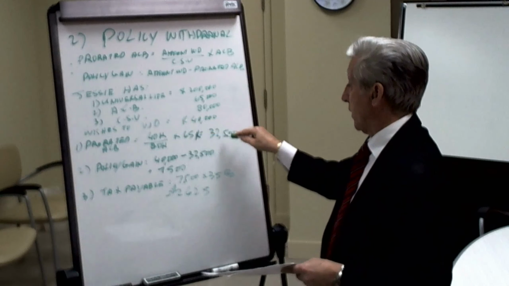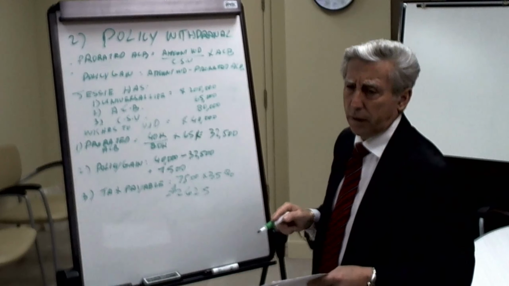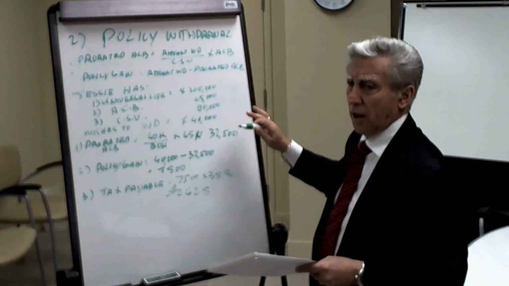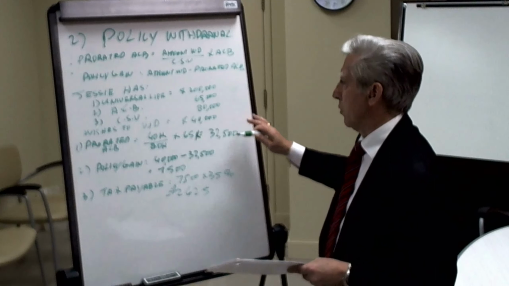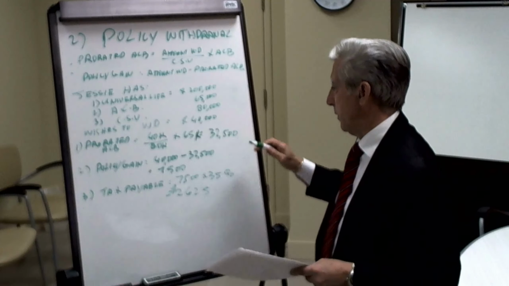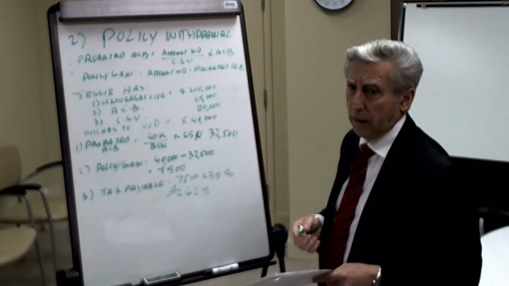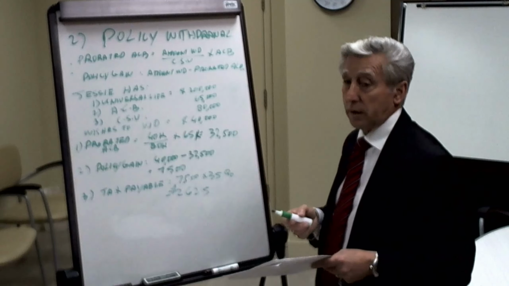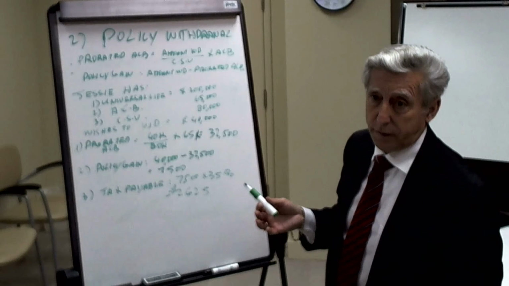If you do the math, that comes to $32,500. That is her new prorated ACB. The original ACB was $65,000, now the prorated ACB is $32,500, so anything in excess of $32,500 will be considered a policy gain.